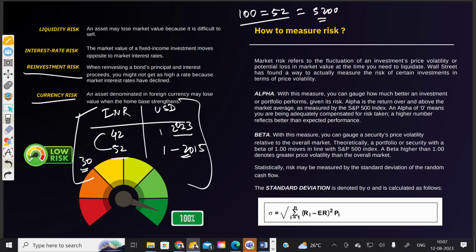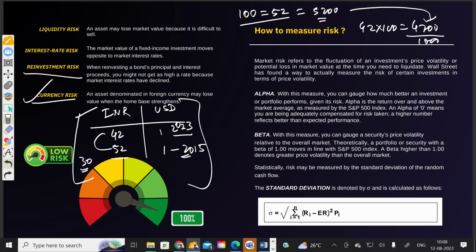How? Now you can convert 42 into $100, so that becomes 4,200. So 5,200 minus 4,200, 1,000 rupees positive gain from the currency conversion. And this is what you can call currency risk.